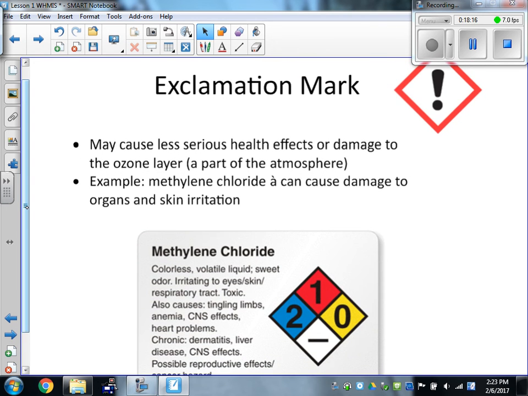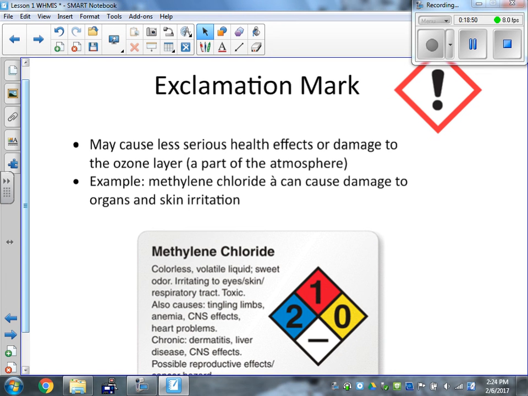Okay. So exclamation mark may cause less serious health effects or damage to the ozone layer. Part of the atmosphere.